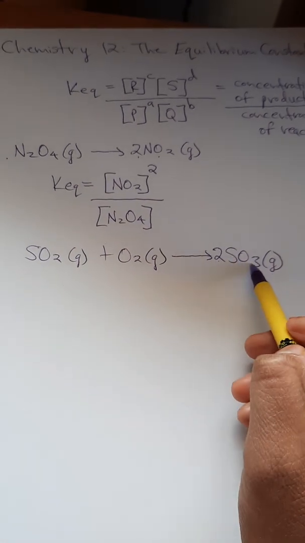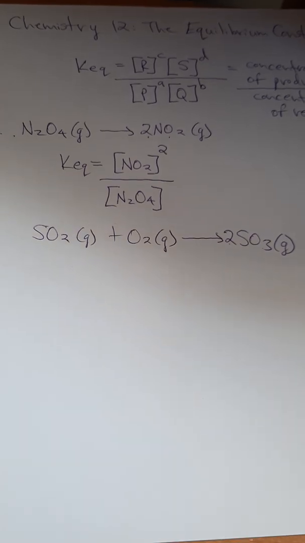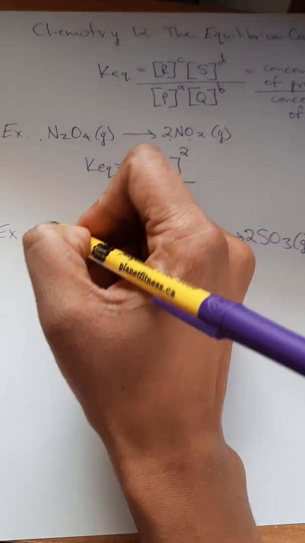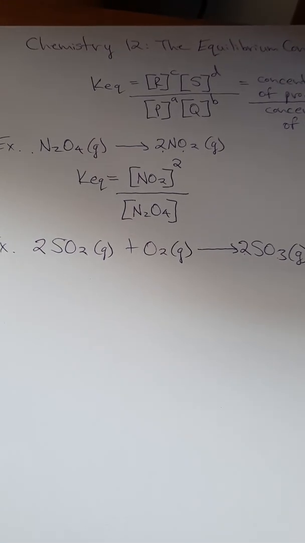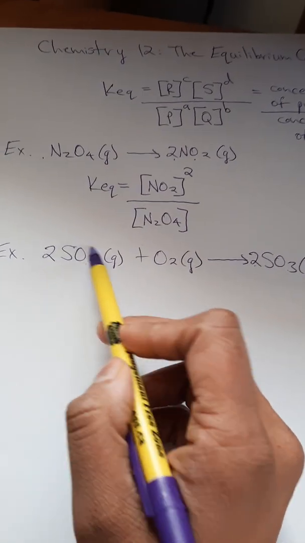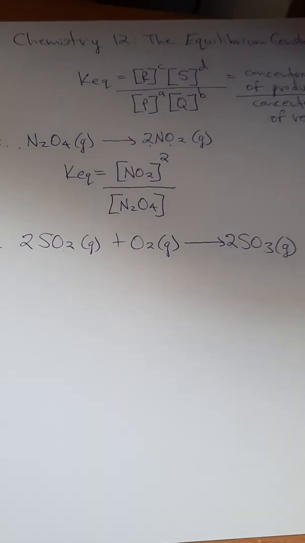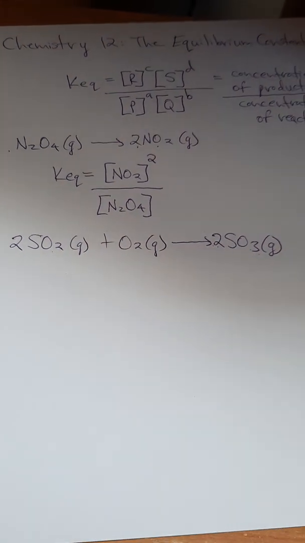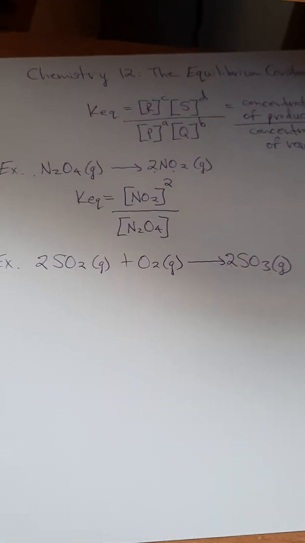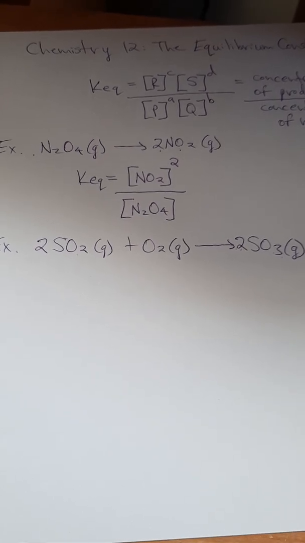So 2 times 3, there are 6 oxygens. There are also 2 atoms of sulfur. Does everyone see that? The only way I can balance that is by putting a 2 in front of the SO2. So I have 2 times 2, 4 oxygens, plus 2, so 6 oxygens altogether on the reactant side. And then there are 2 times 3, 6 oxygens on the product side, and 2 atoms of sulfur on both sides as well. So I can see this is the balanced equation.